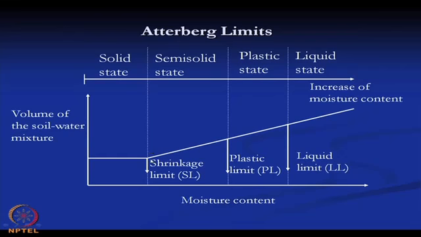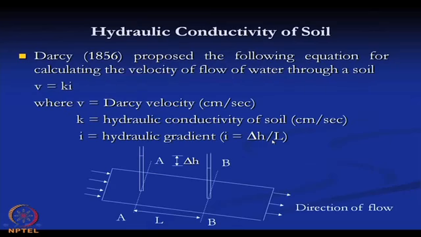And from this graph we can say that after the shrinkage limit, the volume of the soil-water mixture does not change if we further reduce the amount of water present. So, after the shrinkage limit, there is no volume change. These three limits are called the Atterberg limits, and these are very important properties for fine-grained soil.